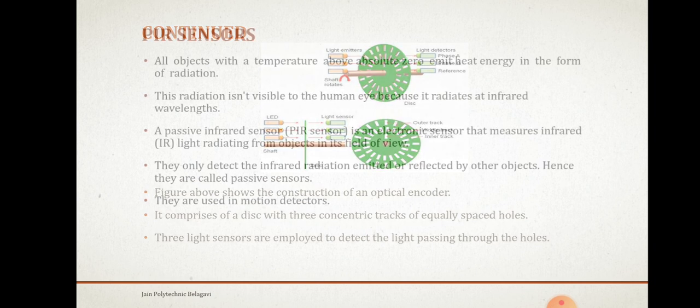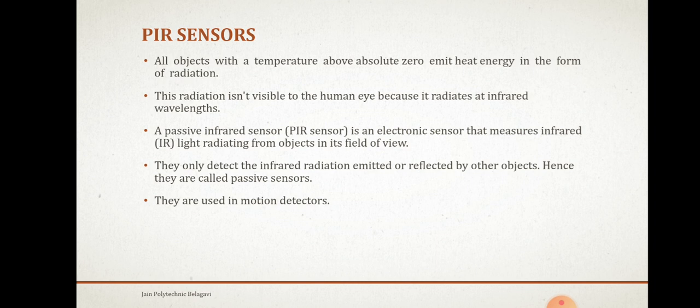Then next, PIR sensors. What are these? All objects with a temperature above absolute zero emit heat energy in the form of infrared radiation, which is invisible to the human eye.